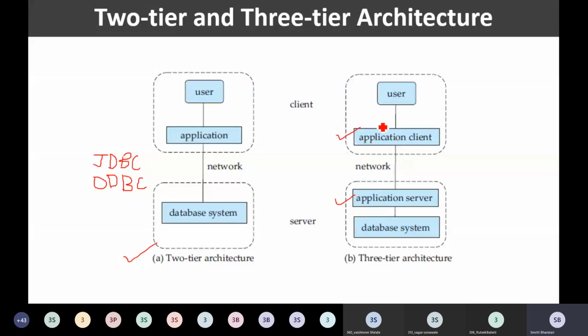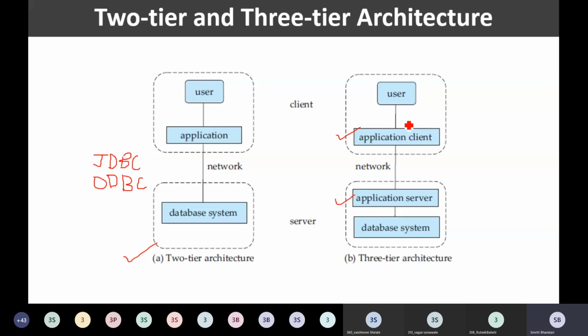Instead, the user typically makes use of some kind of functionalities, which are available to the user through some browsers. So business logic is not at all deployed at every client side. Please remember, the business logic is not deployed at every client side.